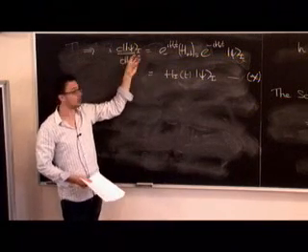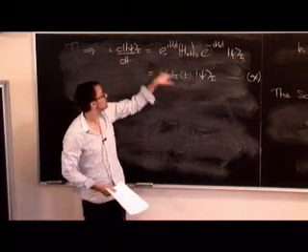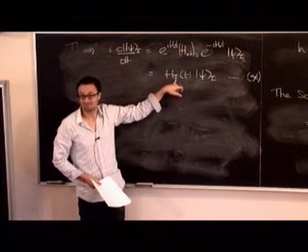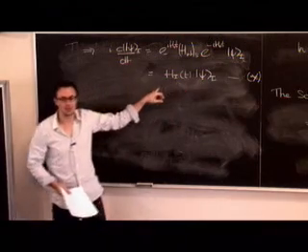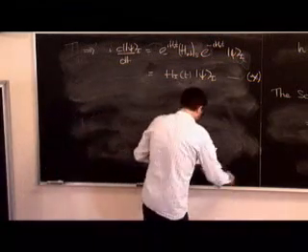It looks like the Schrödinger equation, except this is in the interaction picture, and this is just the interaction part of the Hamiltonian in the interaction picture. Okay? You get this equation from Malcolm as well? Yeah, good. So now we want to solve it.